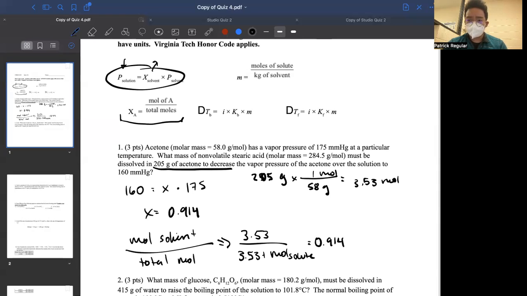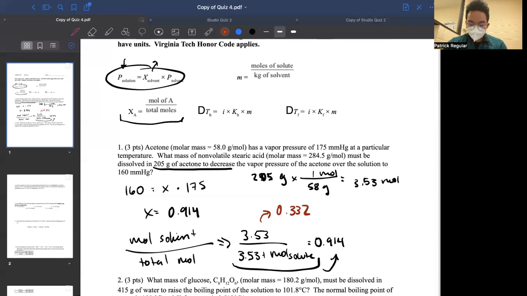And now it's just a matter of algebra. You multiply this entire thing by the denominator, you bring that over, and then algebraically you solve for the moles of the solute. And if you do that, your moles of the solute will come out to be 0.332.